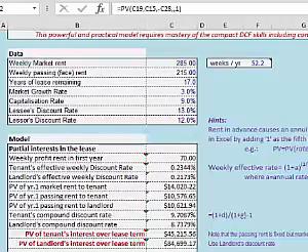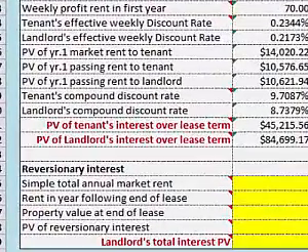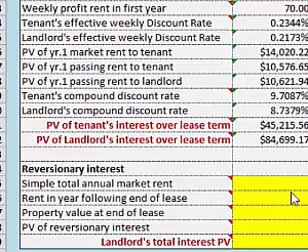We now want to work out the reversionary interest. In other words, what is the value to the landlord once the lease is finished? When you start to do that, we're going to work towards a capitalisation. So to do that, we have to work out the rent at the end of the lease.